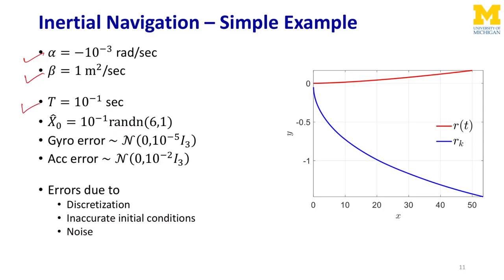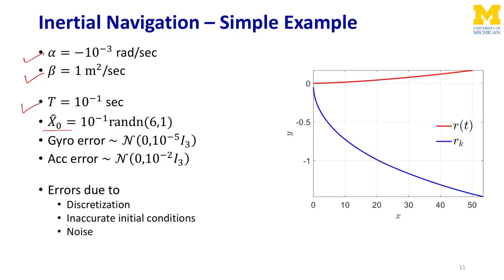For the initial value of my state, to show you the case where we don't necessarily know the initial conditions exactly, I'm just going to assume that X0 is given by this random selection of 6 numbers in MATLAB.